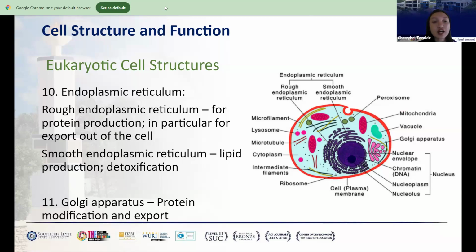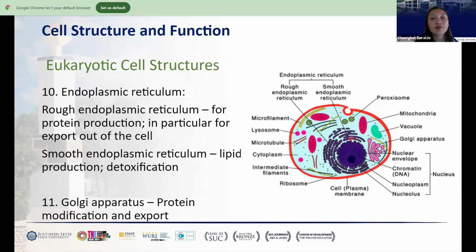And then we also have smooth endoplasmic reticulum. This one, ito siya yung hindi siya ina-attachan ng any ribosome. Okay? So, if the rough endoplasmic reticulum has a role in protein production, the smooth endoplasmic reticulum, on the other hand, has a role in lipid production.